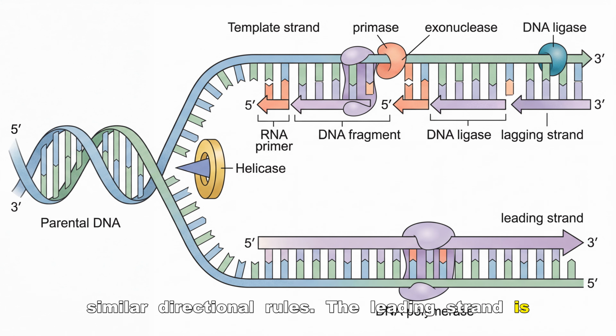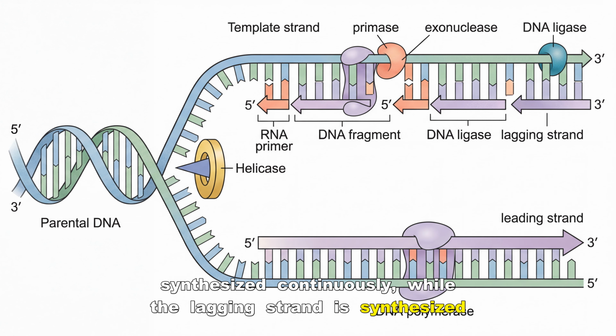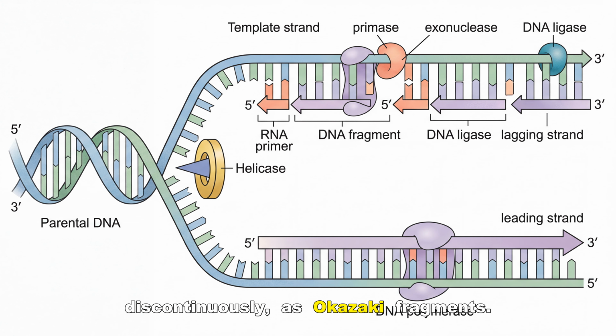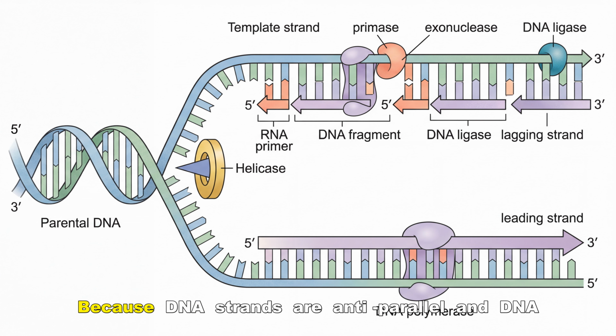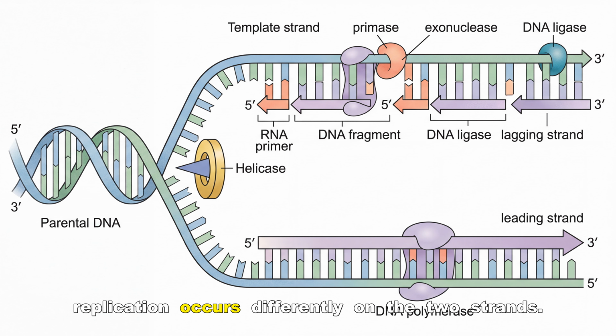The leading strand is synthesized continuously, while the lagging strand is synthesized discontinuously as Okazaki fragments. Because DNA strands are anti-parallel and DNA polymerase can only synthesize in the 5' to 3' direction, replication occurs differently on the two strands.